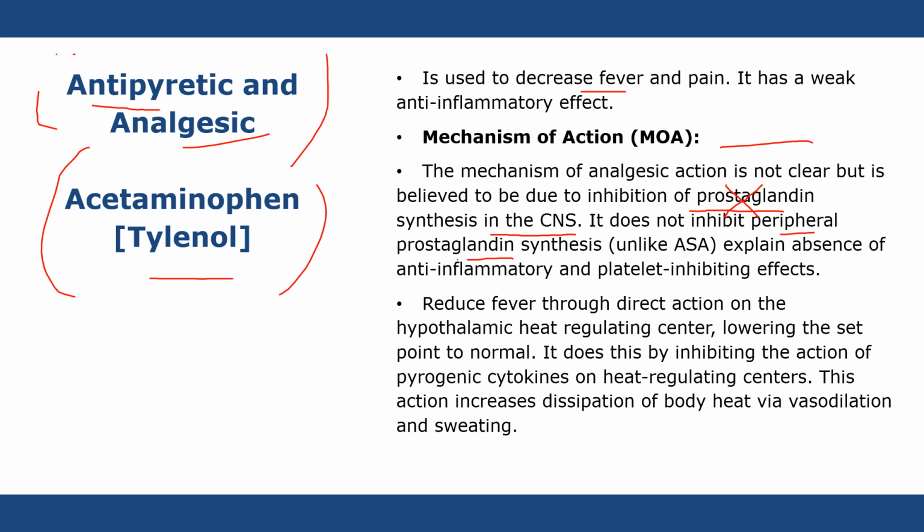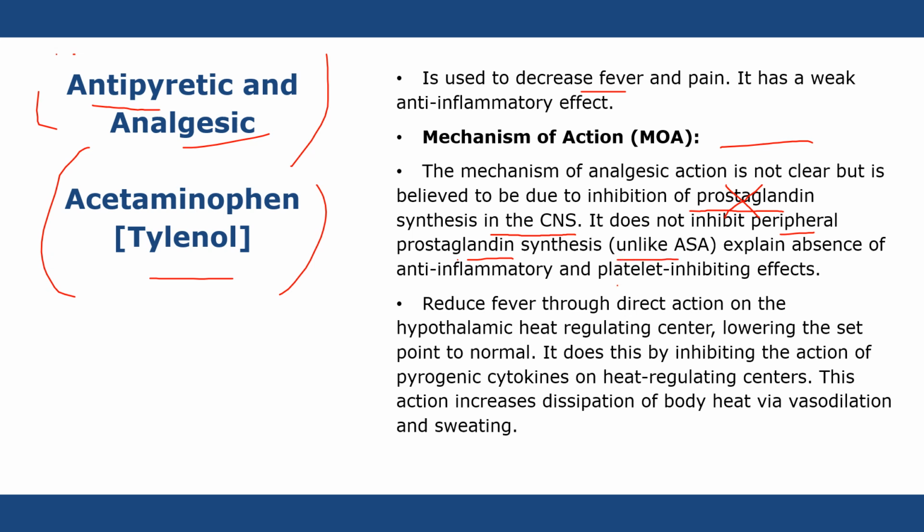Okay, but it doesn't do anything with peripheral, so it has no impact in the blood vessels or in the stomach. In other words, it's not going to inhibit prostaglandin synthesis in the lining of the stomach, and it's not going to affect platelet aggregation, unlike aspirin.